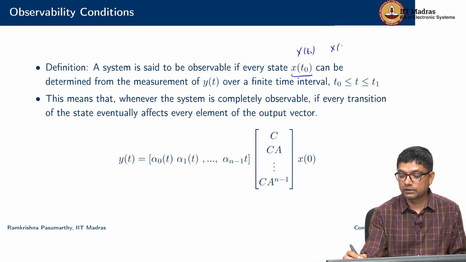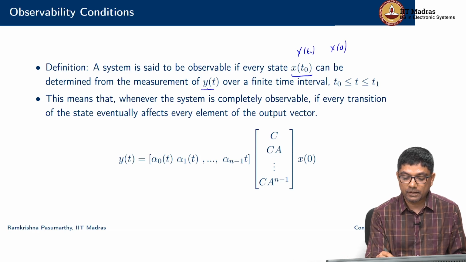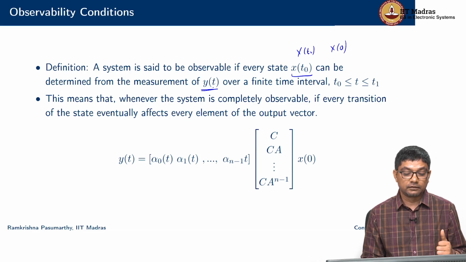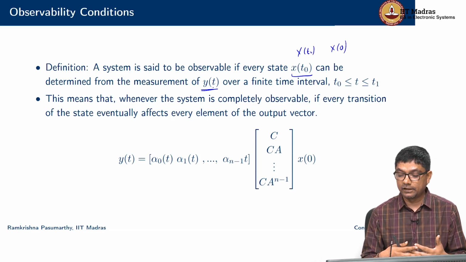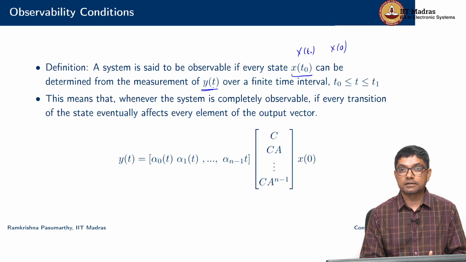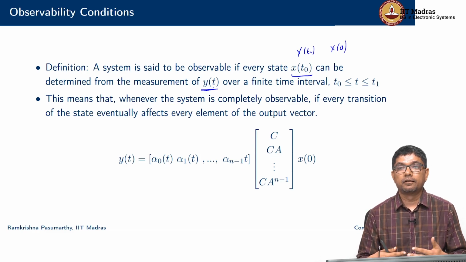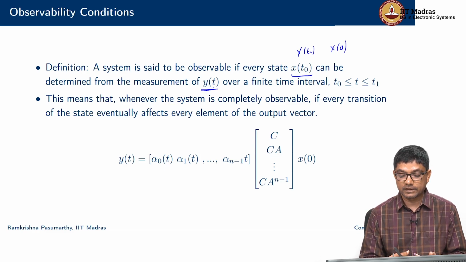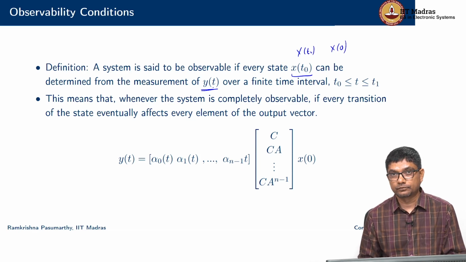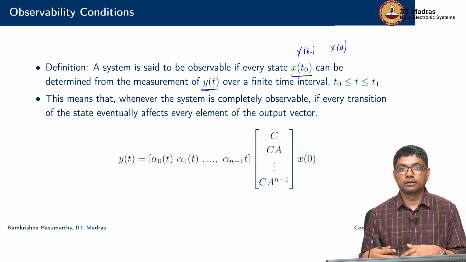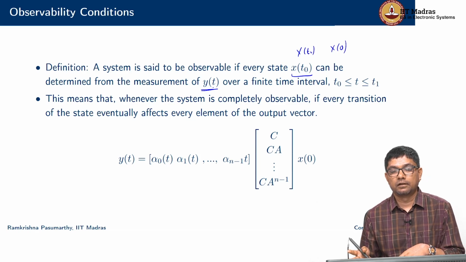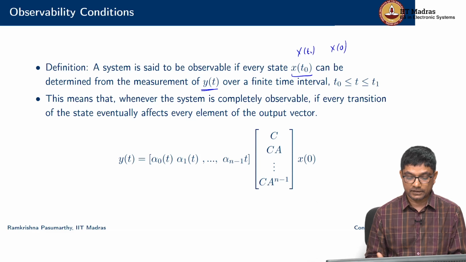If t naught equal to 0, this will simply become x(0) by measurement of y(t) over a finite interval. This means that when the system is completely observable, every transition of the state affects every element of the output vector. So, a change in say the current will affect the speed, for example.